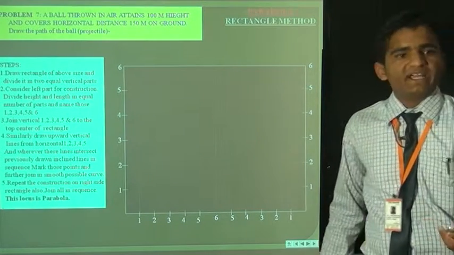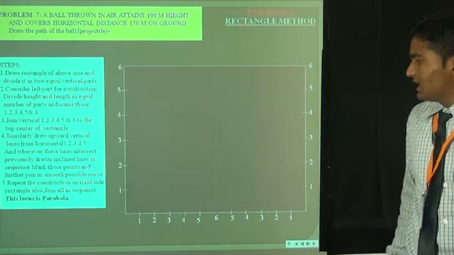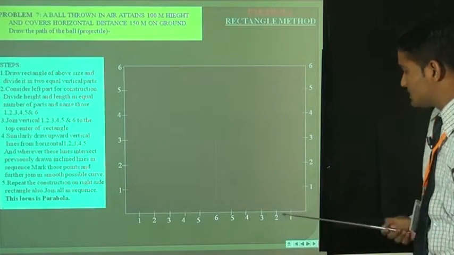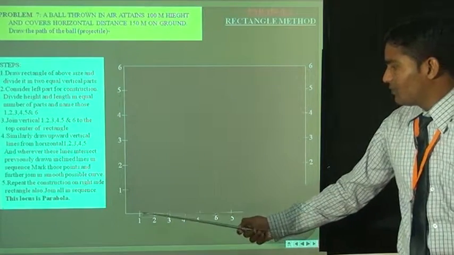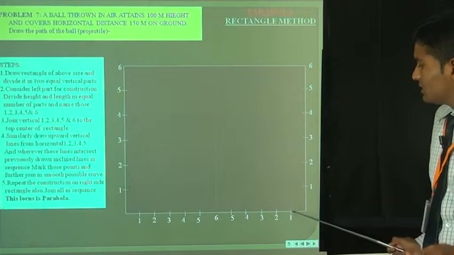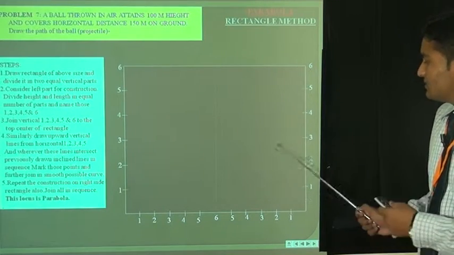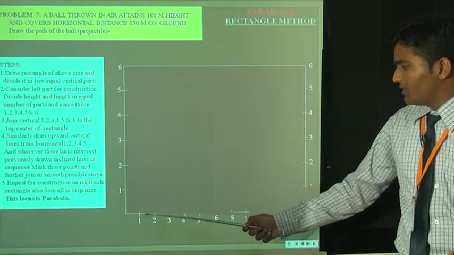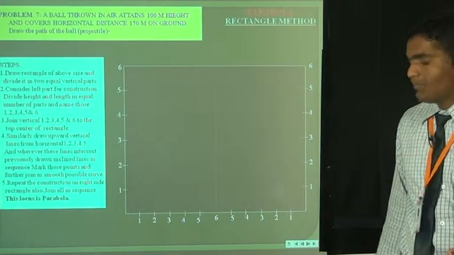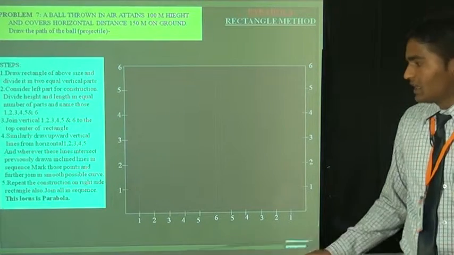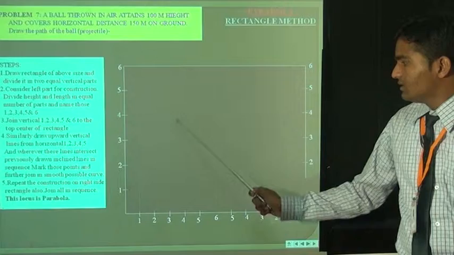Now the next step, draw the vertical line perpendicular to this line. So draw the vertical line from the points 1 to 6, and also on the right side of the rectangle. So let's do it like that. From the point 1, draw the vertical line, perpendicular to the horizontal line, which cuts the inclined line 1.